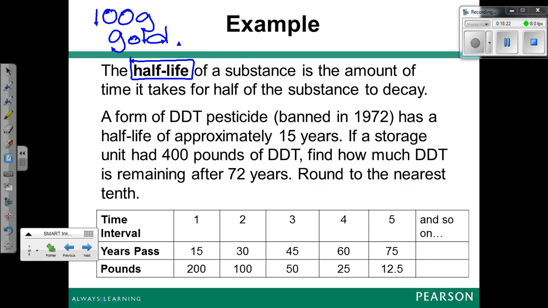For example, some elements are able to just flash through. I don't want to say disappear because matter, you know, just transforms. So it has the ability to transform into something else. In days, others it takes seconds, others it takes years.